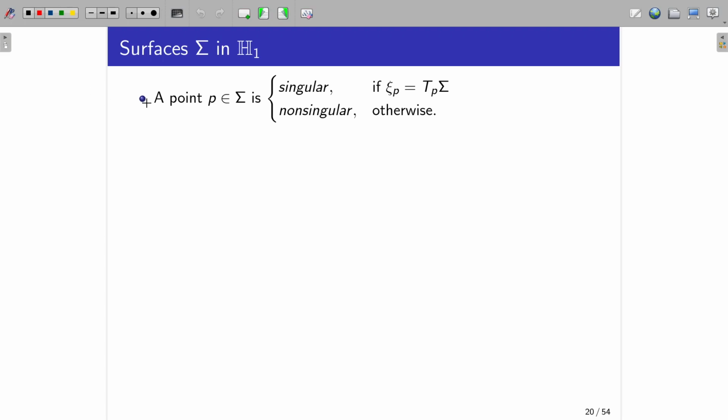So a point P on a surface in H1 is singular if the tangent space is equal to the contact plane at P. So it's like this.